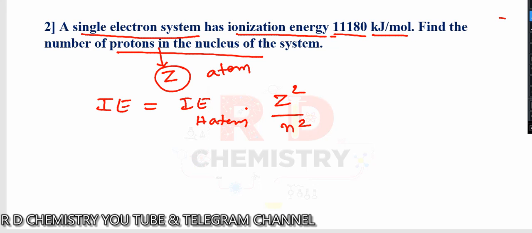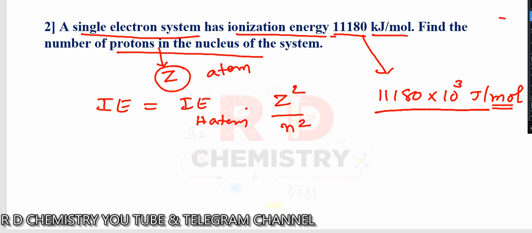They have given the ionization energy 11180 into 10 power 3 joules per mole. I don't want this energy per mole. Per mole means there are Avogadro number of particles. So I want to calculate per atom, so divide by Avogadro number 6.023 into 10 power 23.